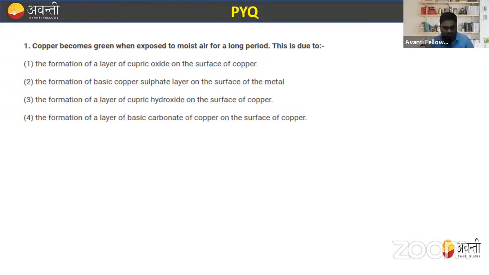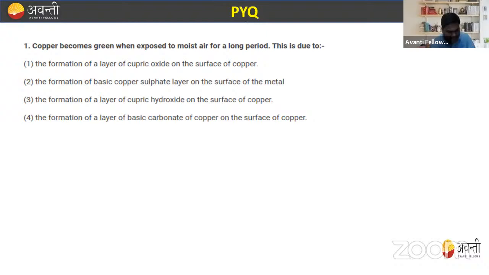This is due to what? Tell me the reason, beta. Is it the formation of a layer of copper oxide on the surface of copper, the formation of a basic copper sulfate layer on the surface of the metal, the formation of a layer of cupric hydroxide, or the formation of a layer of basic carbonates of copper on the surface of copper?